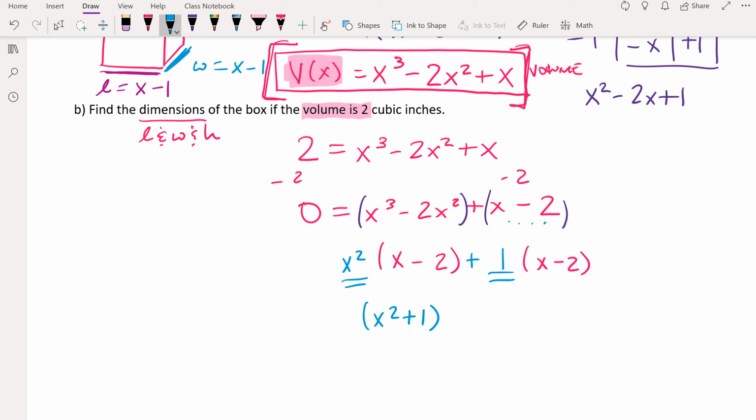So x squared plus 1, and then x minus 2. And now we need to decide, can we factor any more? And remember, 0 equals is on this side. Can we factor any of these terms anymore? You may have said that we could factor the x squared plus 1 more. Well, you may have thought that we could use difference of squares on that.